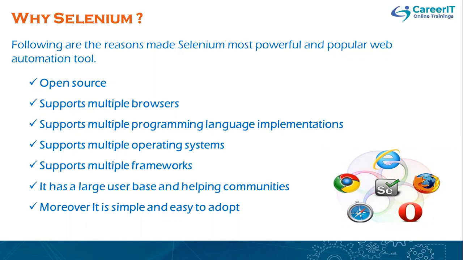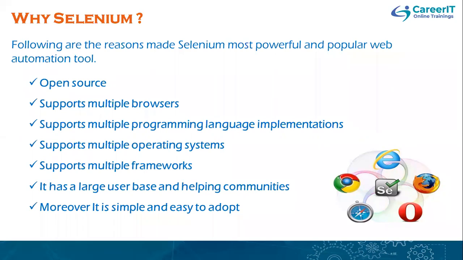For Selenium, there are multiple programming languages like Java, Python, C Sharp, Node.js, PHP or Ruby. If you are good at any one of these, you can start your automation journey using Selenium with that language. You don't need to always learn C Sharp or PHP or Python to automate your applications using Selenium. If you are good at Java, you can go for Selenium with Java.